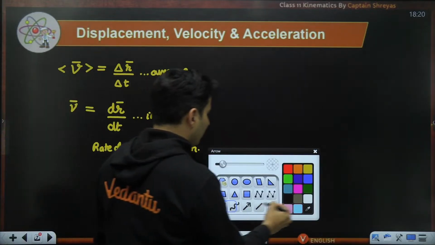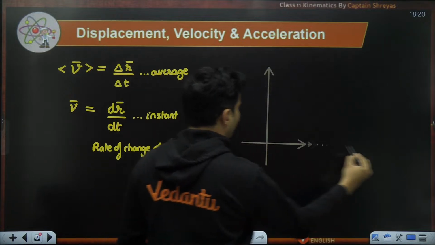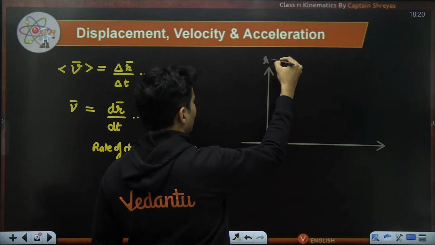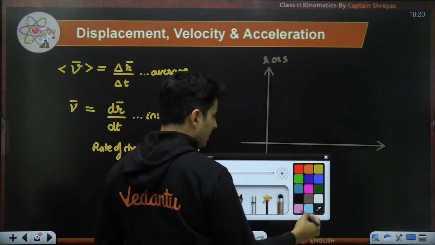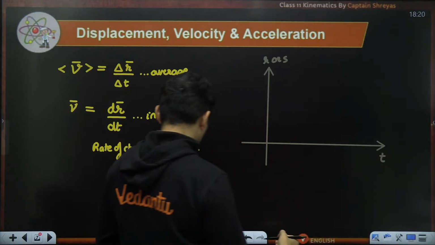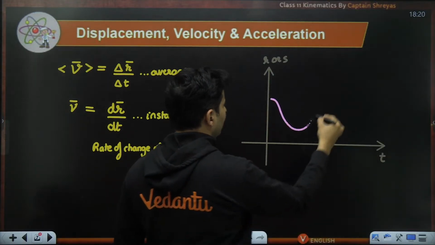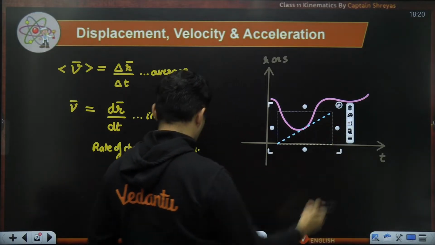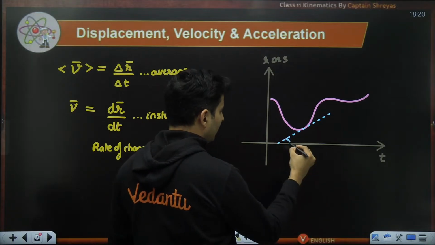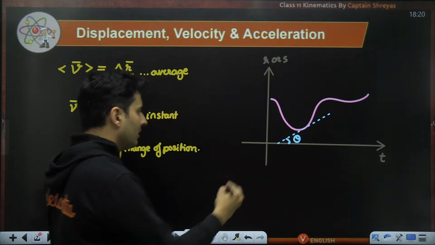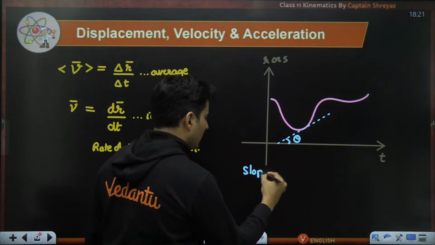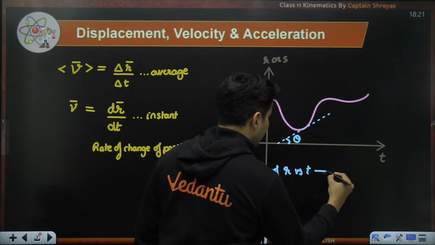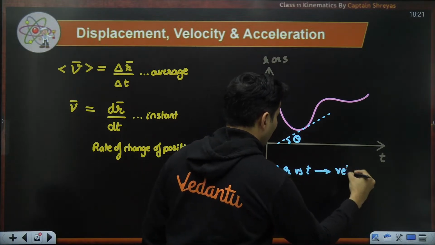And if you think carefully, if I have a graph of displacement or position, let's say R or S is displacement or R is position versus time, and that graph could be anything, literally, something like that. If somebody draws a tangent to the curve and they measure what angle does the tangent make, then the slope of position versus time, that is what will give you velocity.